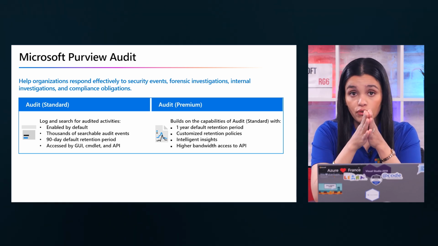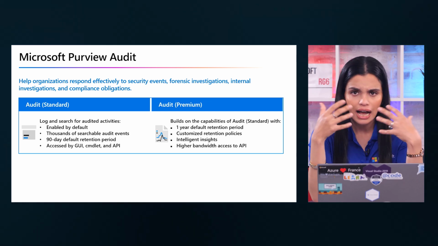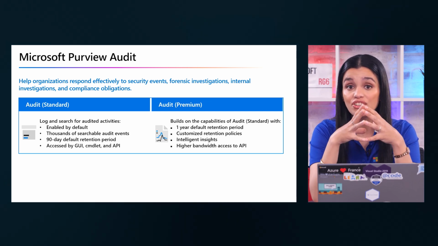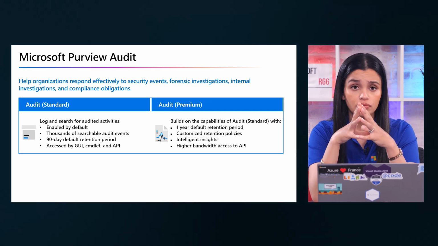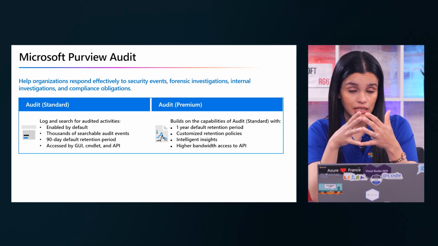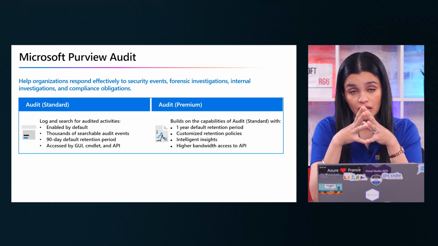Audit records for these events are searchable by security ops, IT admins, insider risk teams, and compliance and legal investigators in your organization. This capability provides visibility of the activities performed across your Microsoft 365 organization.